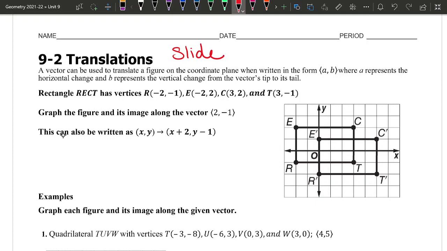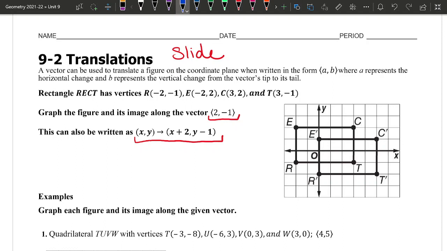Alright, so we're given a vector or a rule. The vector (2, -1) is the same thing as writing it as a rule, and it's the change for each point. A vector is written in the same manner as you write a coordinate point, except the parentheses are a little different.